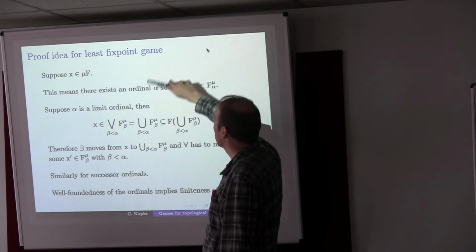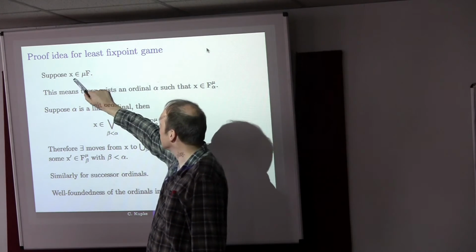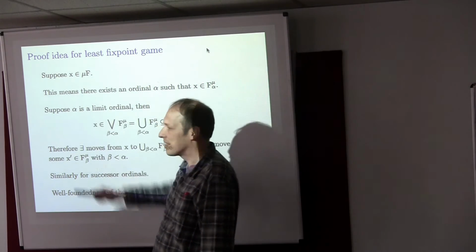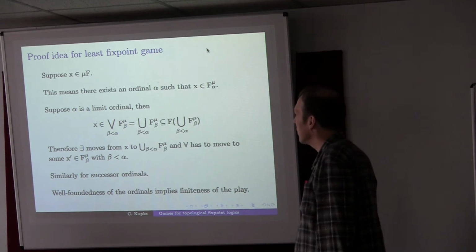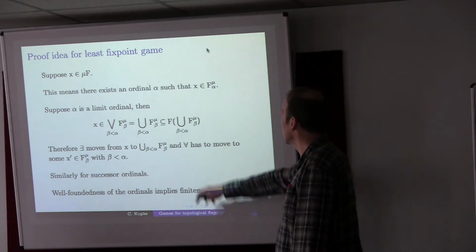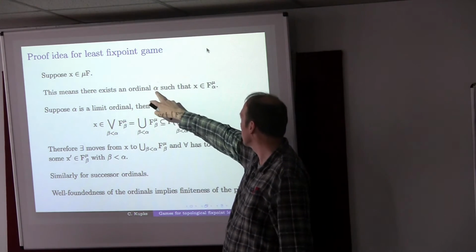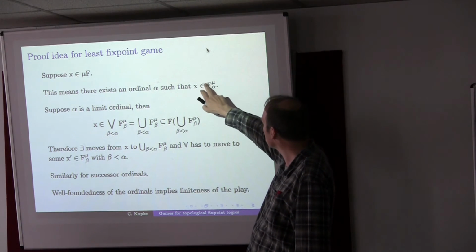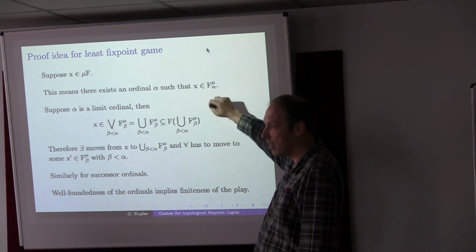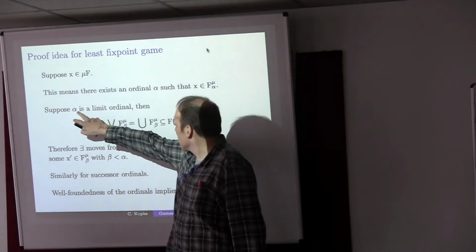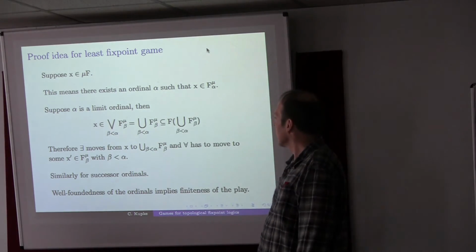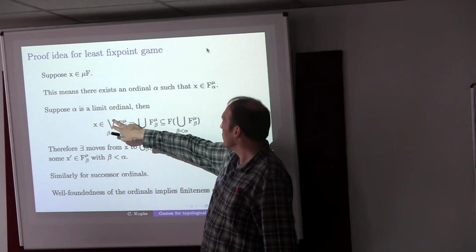So let's just see what happens for the fixed point game. Suppose Eloise is right, so she has a state in the least fixed point. This means that there is some ordinal, it can be huge, such that X is in the alpha approximant of this fixed point. If alpha, for example, is a limit ordinal, then X will be in this join.